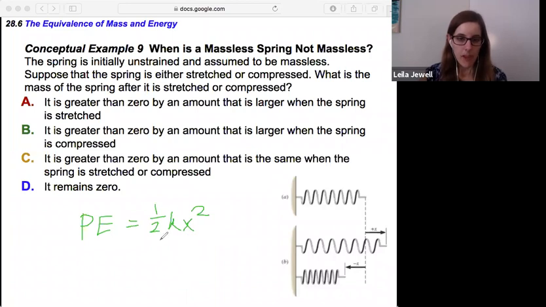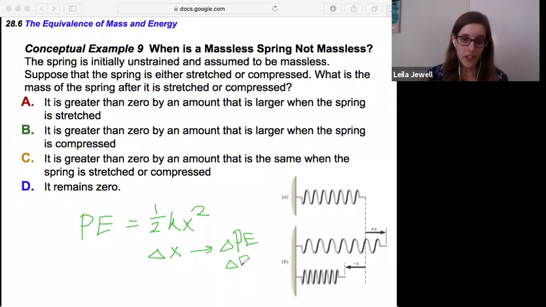Because it's x squared, it doesn't matter if the spring is stretched or compressed, it will have a change in energy, right? Anytime we have a change in x, that means we're going to have a change in potential energy, which is also a change in energy.